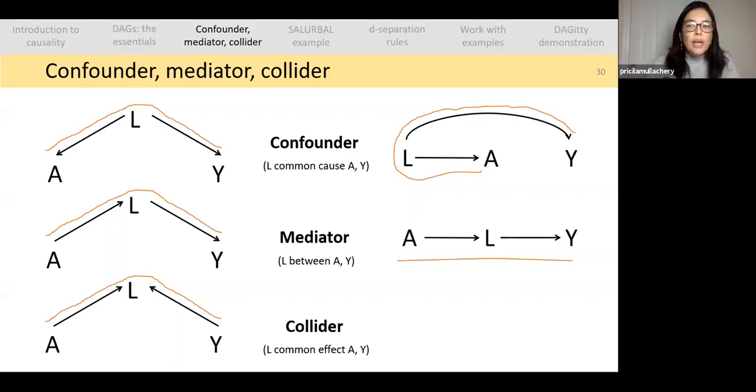Now there is a way, Isabel, to represent that in a DAG if you have repeated measures over time. So you could have, let's say, L is a variable, and you have L1, L2, L3 measured at different points, and you think that the variable A affects L at time 2, and then L affects A at time 3. Then you could have that type of structure, but you would have to represent in your DAG that you are measuring these variables at different times.